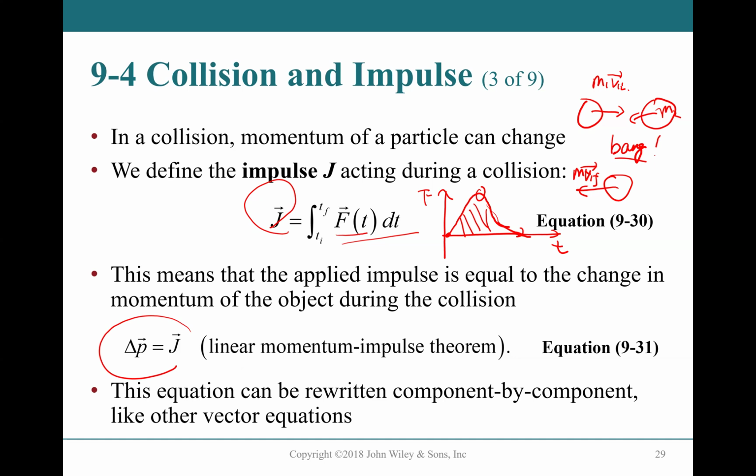And this equation can be written component by component like all other equations. So you may have Jx equals delta Px, Jy equals delta Py, and Jz equals delta Pz.